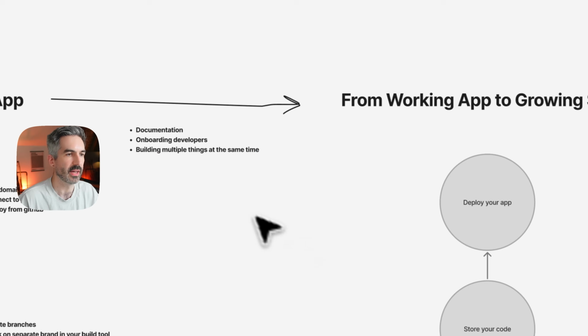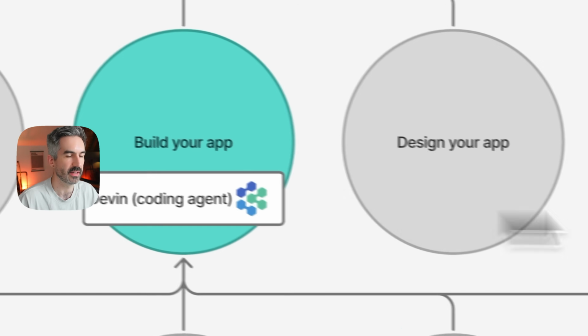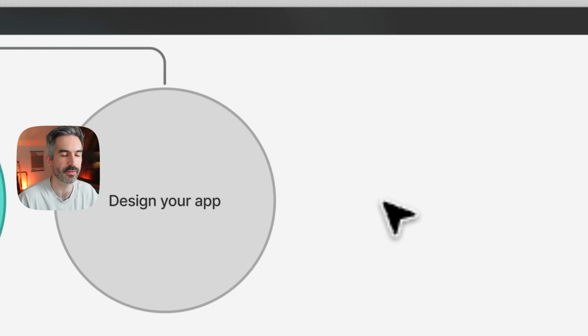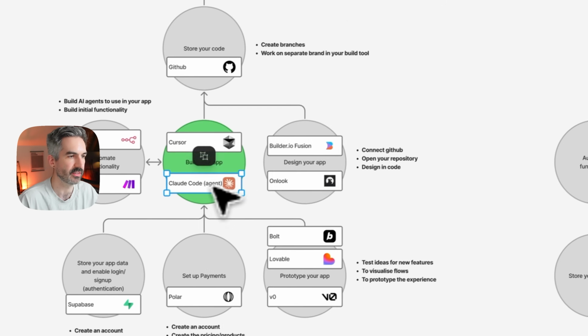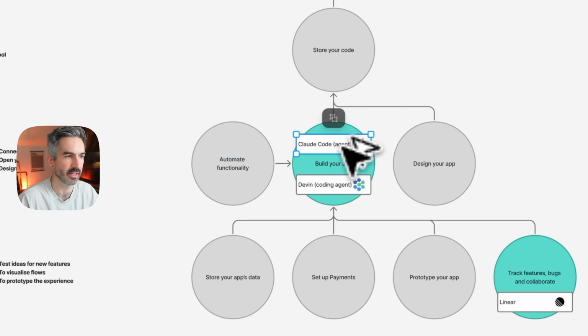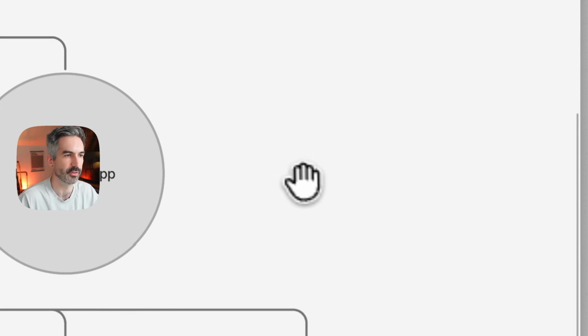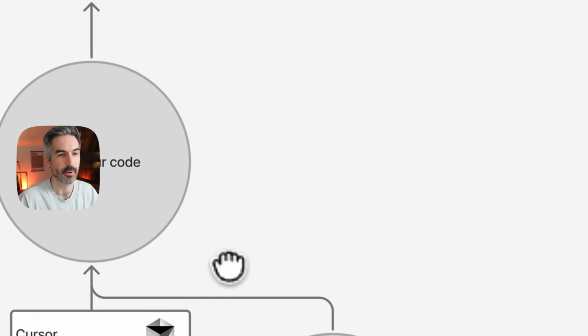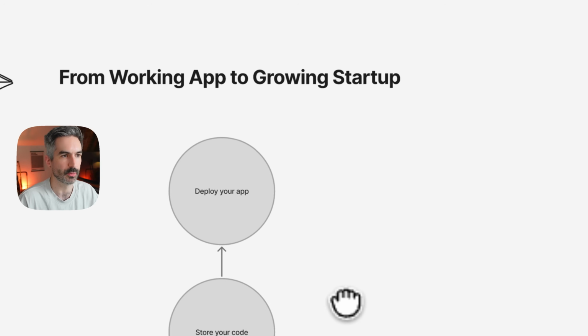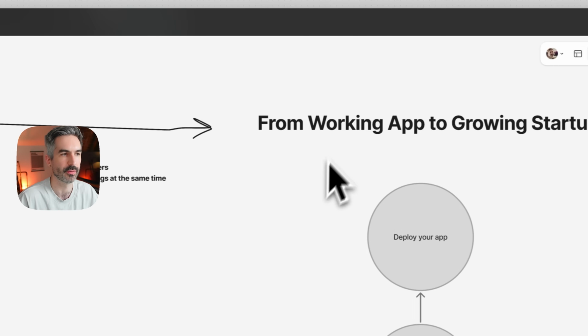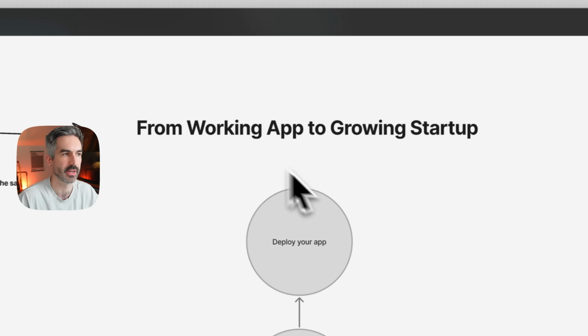And the way to do that is by using tools like Devin and using tools like Linear to track all your bugs and your features. Now, obviously you can still use Claude Code here and Cursor, and you'll likely have a setup which involves a bunch of all of these different tools. But again, Devin is one that you can potentially look at to bring on once you start to go from your working app to a growing startup.